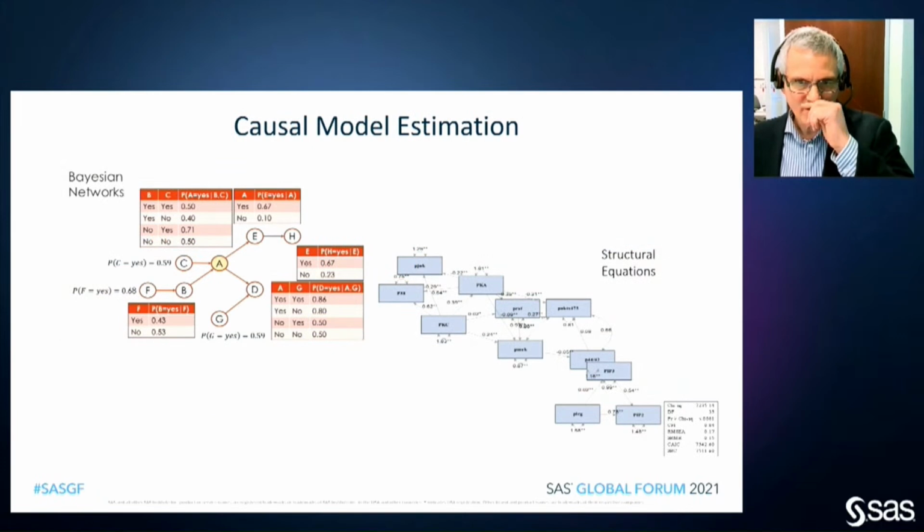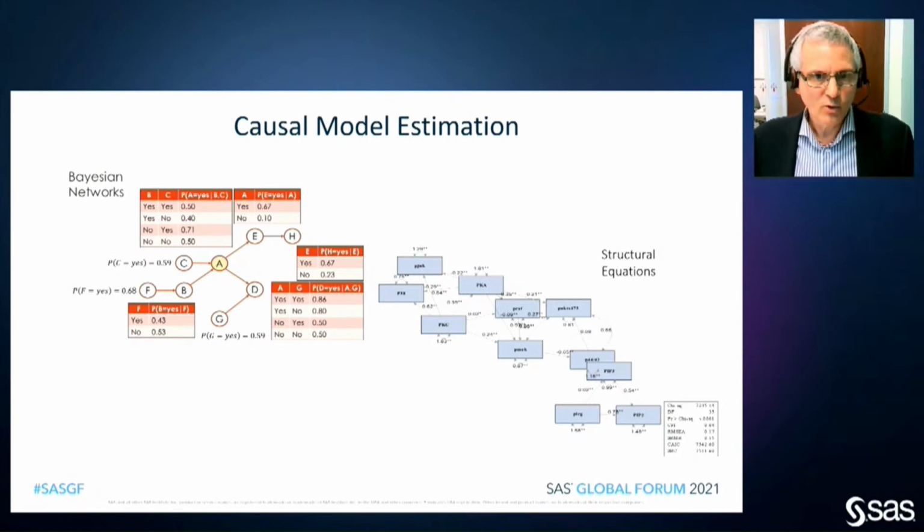Now, before we do that modeling, a couple other modeling choices. One is structural equation models. Very similar to what we're doing here with DAGs and what we will do with CAUSALMED, CAUSALTRT. But in structural equation models, if you're familiar with those, you know that we estimate parameters for every path in the model.